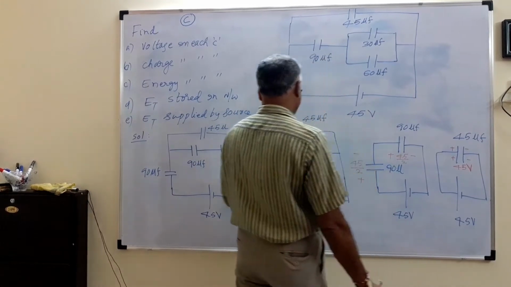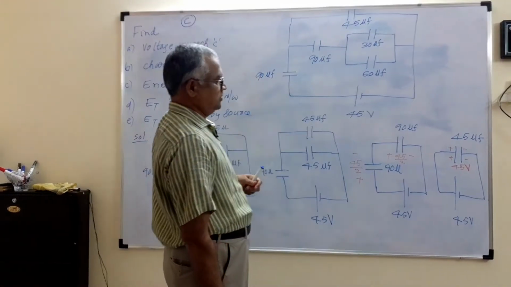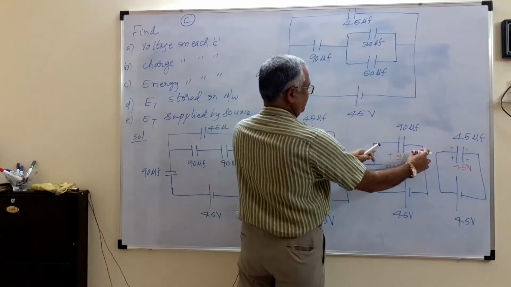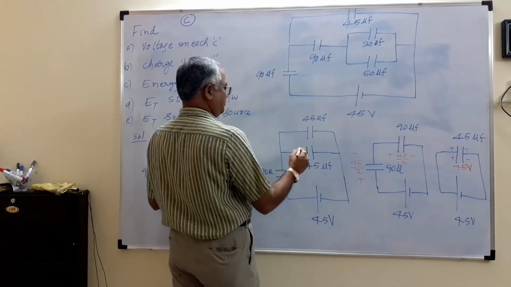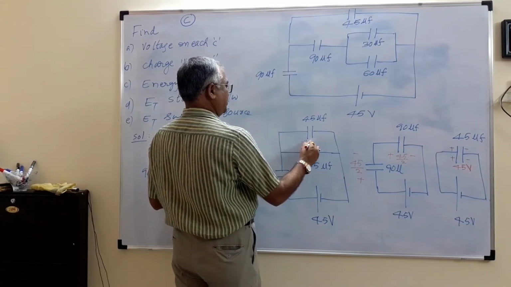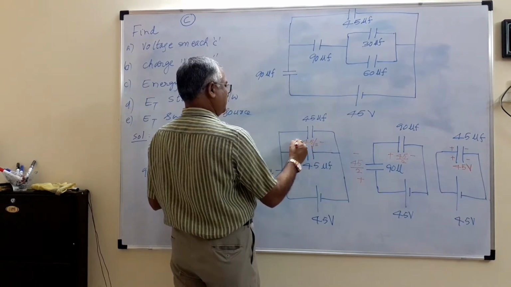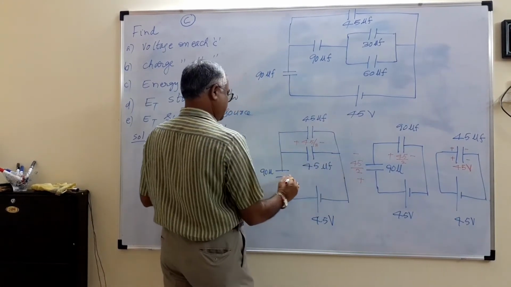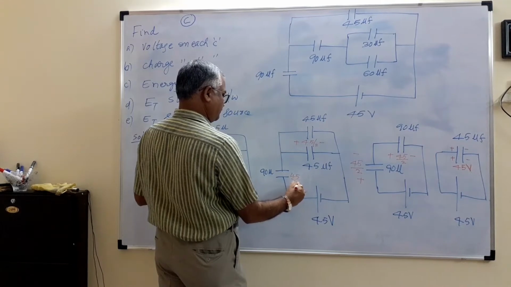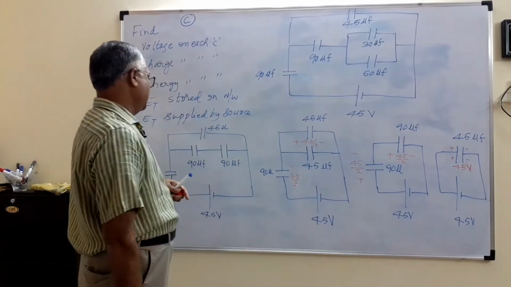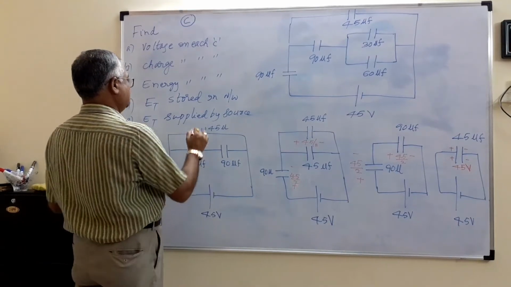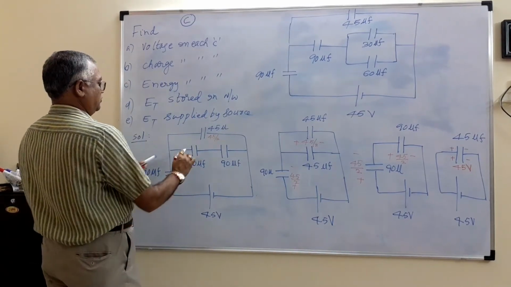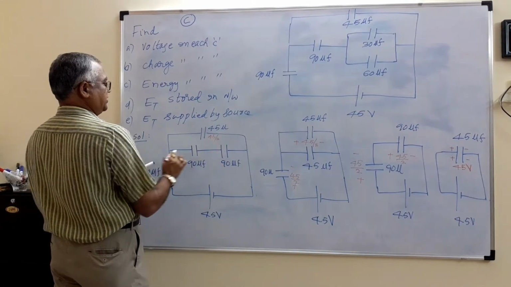Now capacitors in parallel, what is the property? Voltage is same, charge divides. What is the voltage here? 45 by 2. So here also 45 by 2, same everywhere in the parallel branches. Now the voltage here is 45 by 2, but these two are in series.